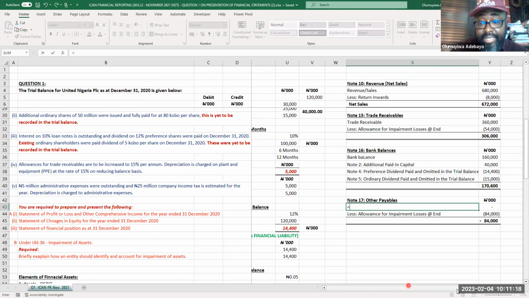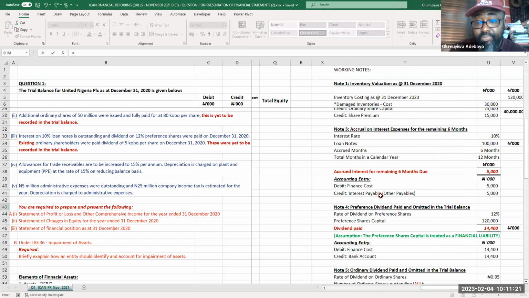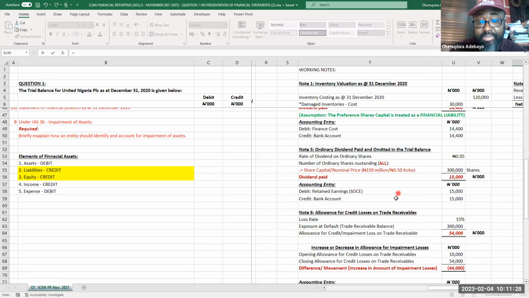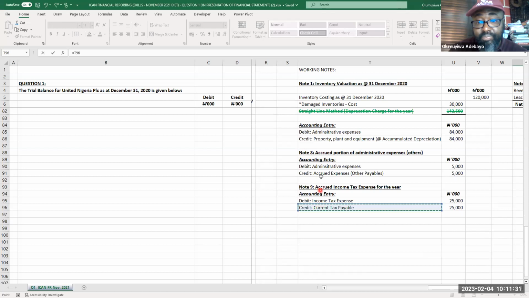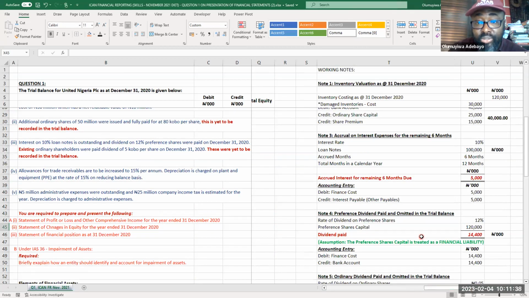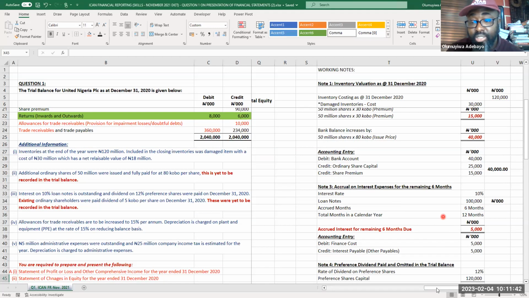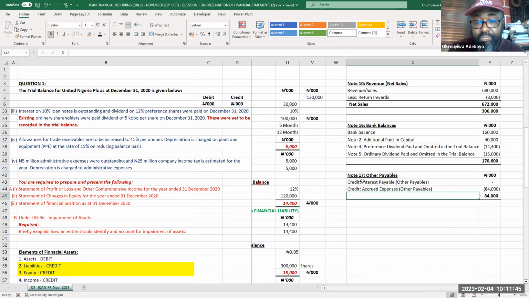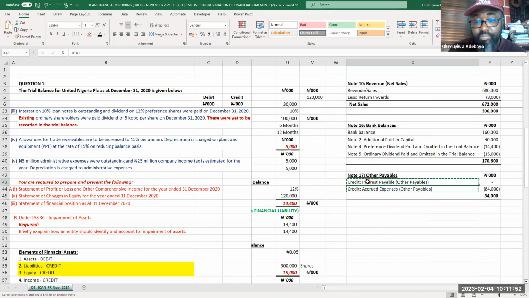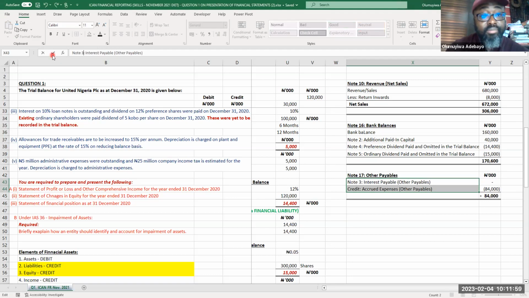Now, the first other payable there was interest expense. If you remember, the other payable was admin expense. That's note 8 and note 3.